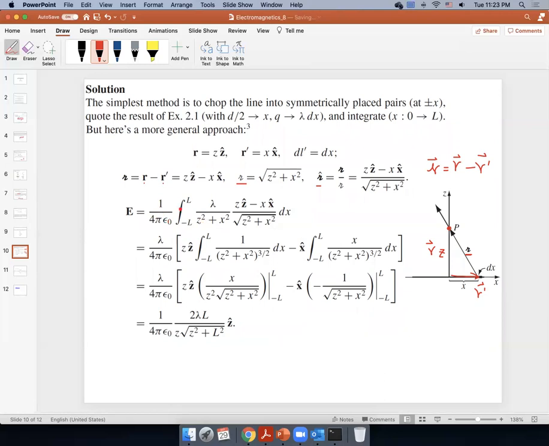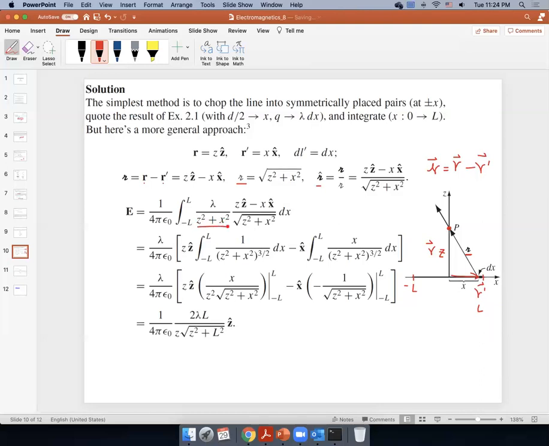1 over 4 pi epsilon 0 is a constant. You can put it out. And the integral is from, let's say, negative L to L. This is negative L, this is L. You need to do the integral from here to there. And then lambda over z squared plus x squared.